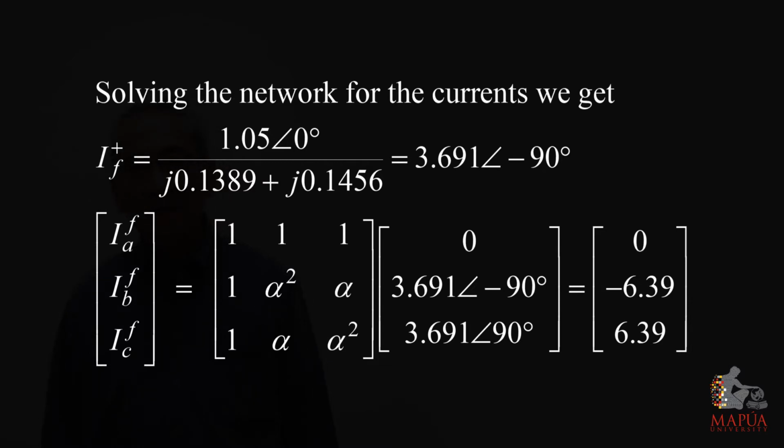Now, solving for the phase currents of this fault current, that gives us the A matrix multiplied by the sequence fault current. So that gives us IA equal to 0, IB equal to negative 6.39, IC equal to 6.39. So these are the phase currents at a fault, the phase fault currents.